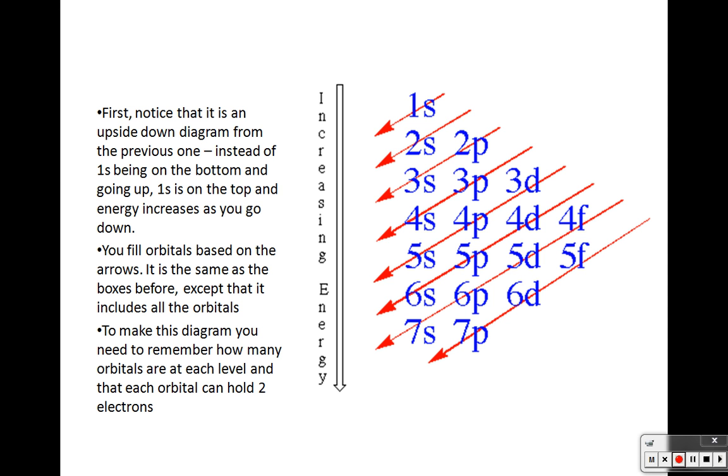So 1s goes first, then 2s, then 2p, 3s, then 3p, and here's where you get 4s, and then 3d, and then 4p, and then 5s, and then back to 4d. So it's crazy to try to remember this order.